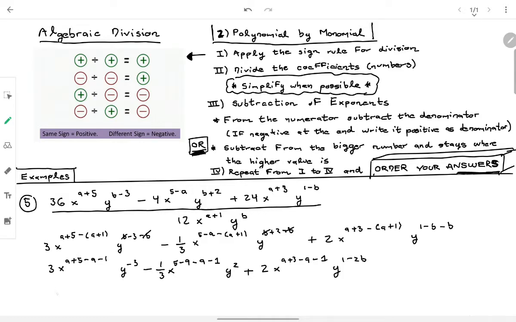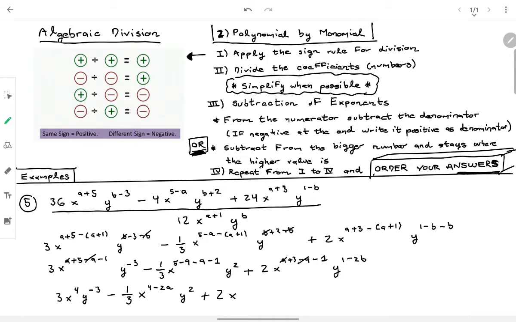So let's see, we will get something like 3x to the a minus a. We can eliminate it, so it will be 5 minus 1, so it's going to be x to the 4th y to the minus 3, minus 1/3 of minus a, so it will be x to the 4 minus 2a y squared, plus 2x to the a minus a.